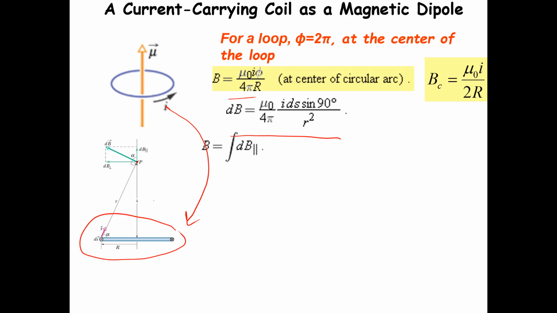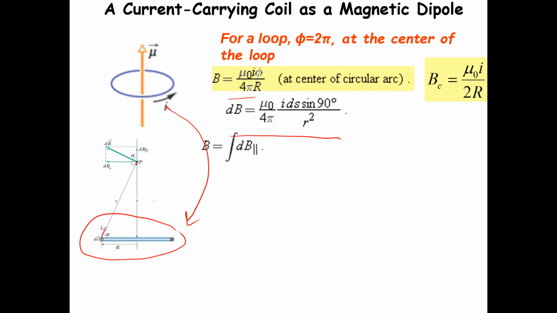To calculate the magnetic field at P, we have to check all the points in the wire.